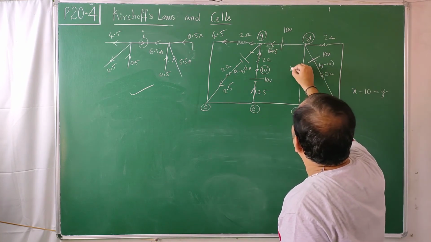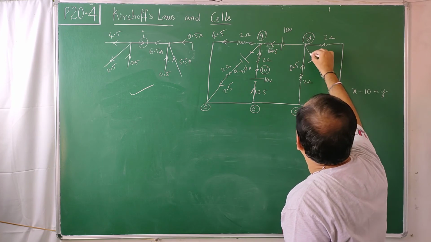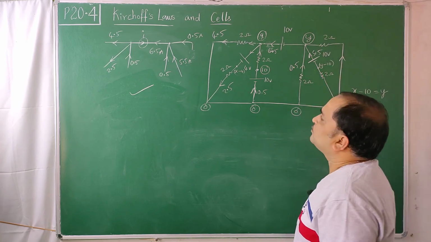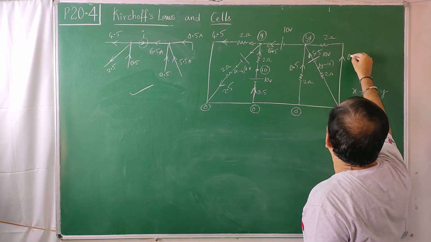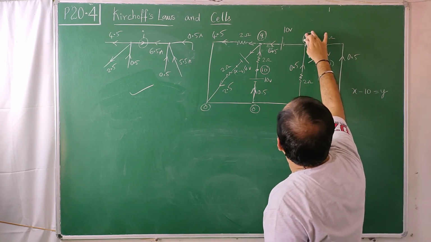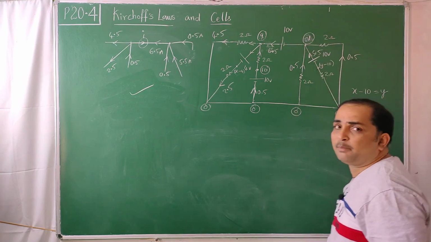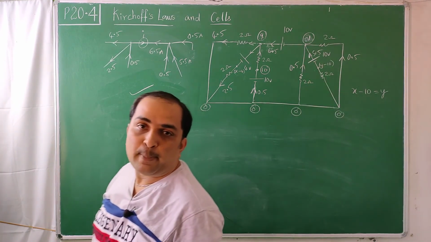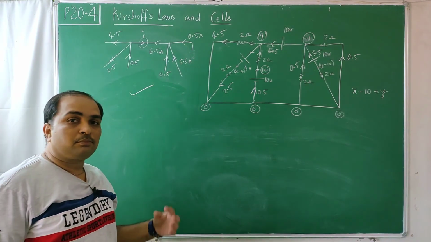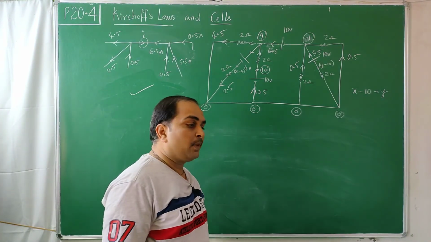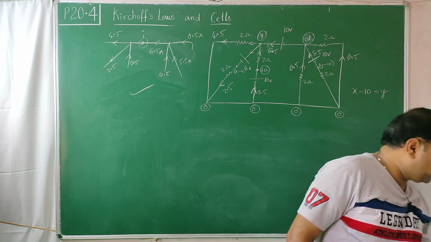This should be 0.5. This should be 5.5. This current should be 0.5, and this Y should be minus 1 volts. If this is 0, this is minus 1. Accordingly, you can change the numbers. In this way, some circuits can be solved using Kirchoff's laws. These are the main varieties. How to write it and how to do it, I told you.